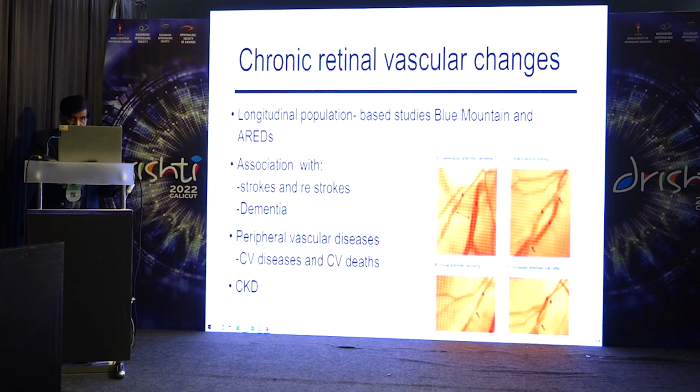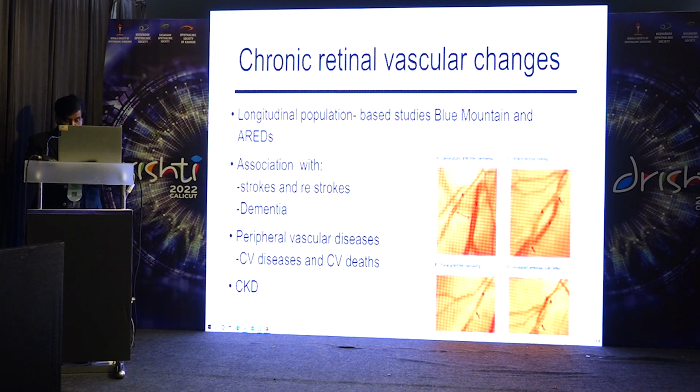And likewise, there are chronic retinal vascular changes like this AV nipping, this copper wiring, and attenuated vessels. These are all chronic retinal vascular changes. They also indicate that they may, in due course, be associated with strokes and restrokes, dementia, peripheral vascular diseases, cerebrovascular disease and severe deaths, and even chronic kidney disease.